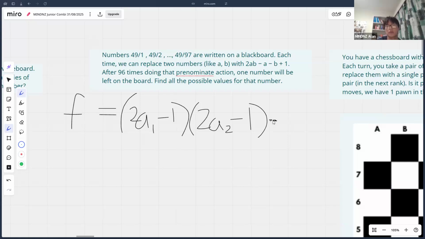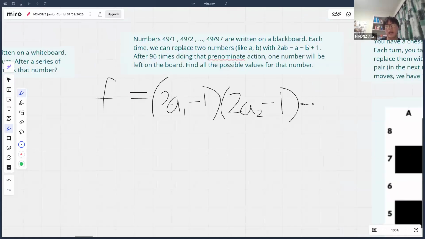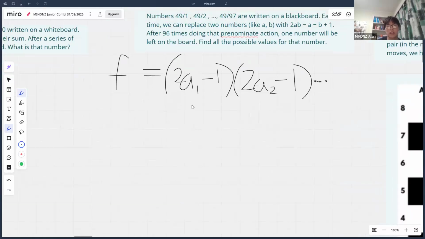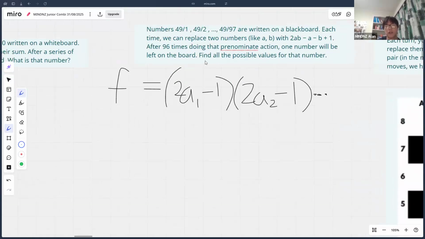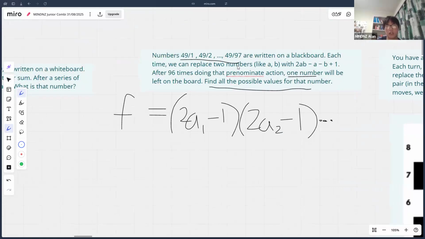But then we know that this will always stay the same, right? And because it stays the same, the value that it has at the beginning will equal the value it has at the end. To get the final value, because we want to look at when one number remains, the function for that one number will be the same as for this.